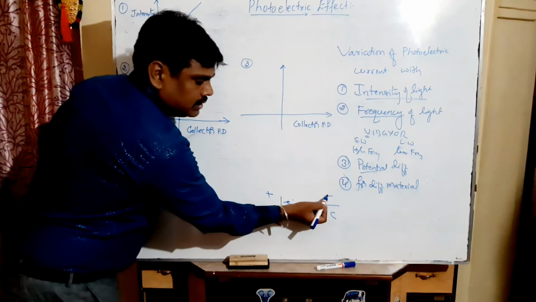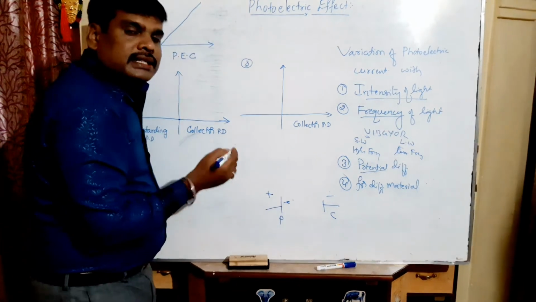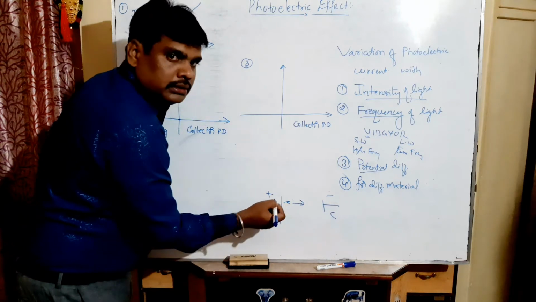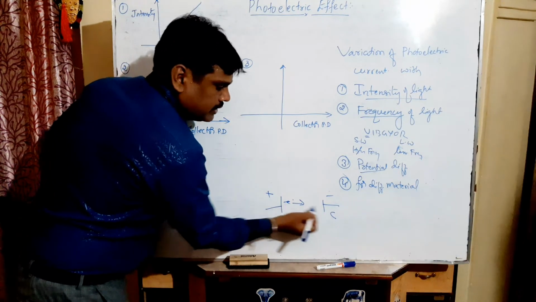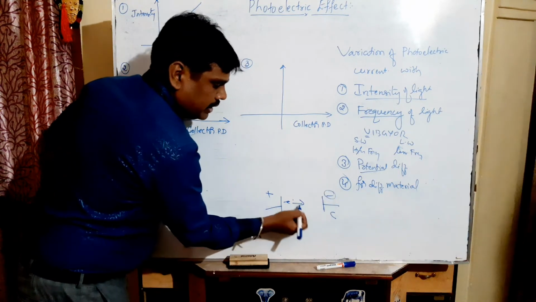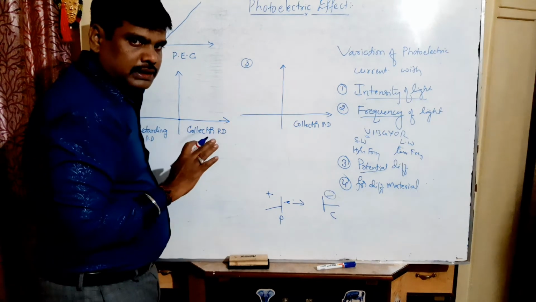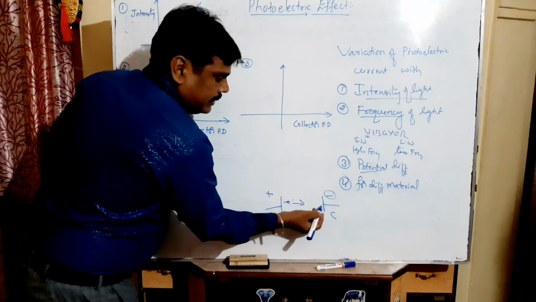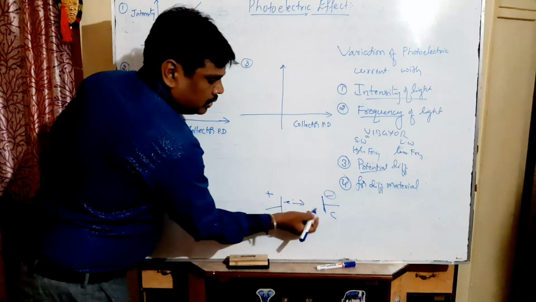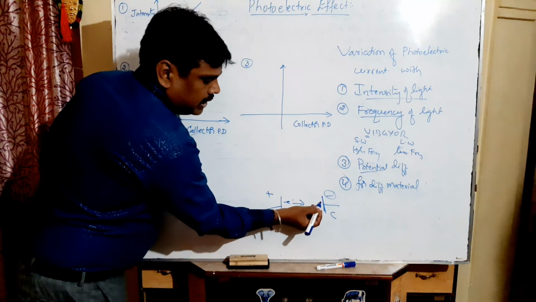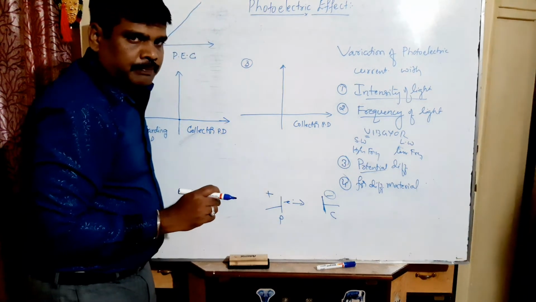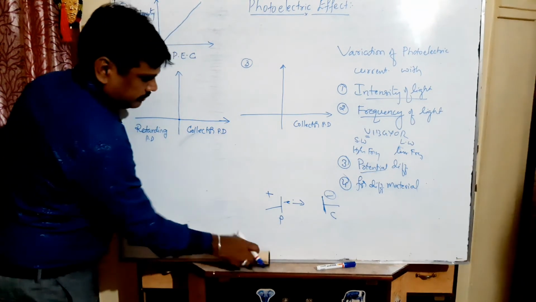If you consider the collector plate as negative, the movement of electrons will stop. Because it is negative and the electron is also negative, there is repulsion between like charges. When the electrons do not reach the collector, there is no photoelectric current, isn't it? Like this we can explain.